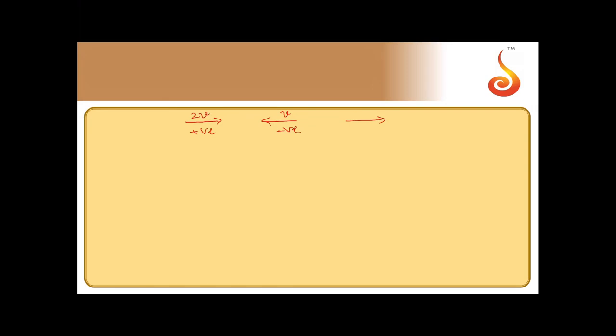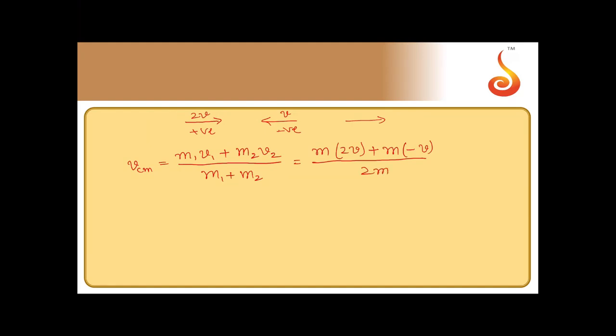So velocity of center of mass is given by m1 v1 plus m2 v2 divided by m1 plus m2. Now substitute for this. M1 is, both are similar particles, so let us take it as m into 2v plus m into, this is minus v because it is in opposite direction, divided by m plus m will be 2m.